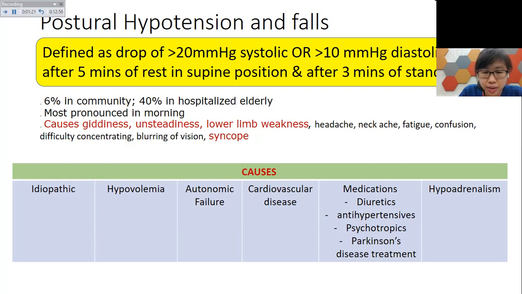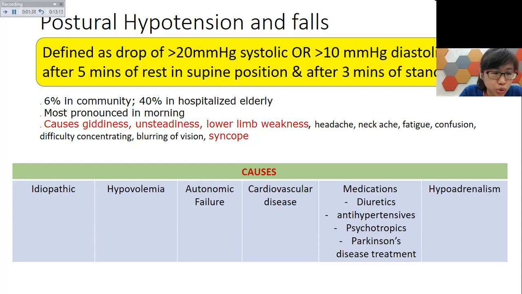And lastly, the most significant symptom that they can have is a syncope. So what are the causes of postural hypotension? We usually divide them into neurogenic causes and non-neurogenic causes.